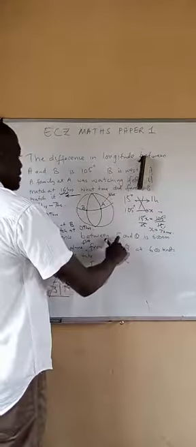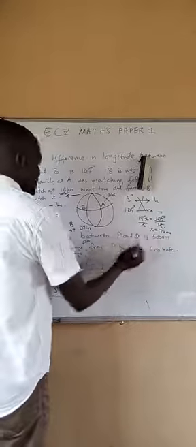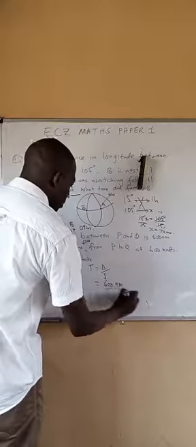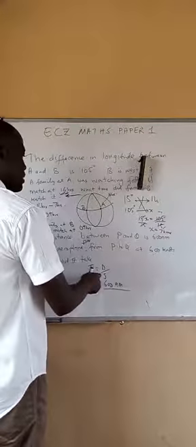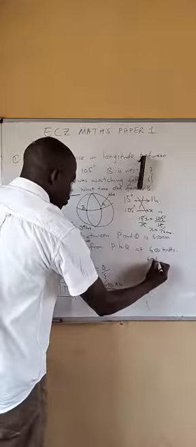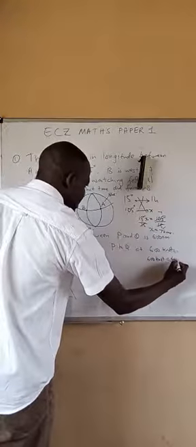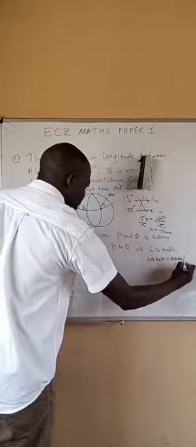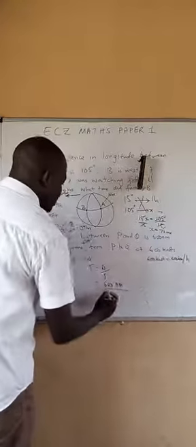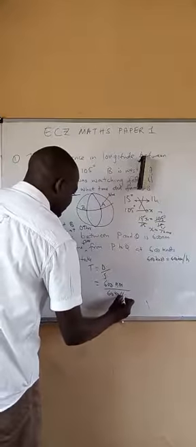What is the distance covered? The distance between P and Q is 600 nautical miles, over the speed. It is 600 knots. When you write 600 knots, what you mean is 600 nautical miles per hour.